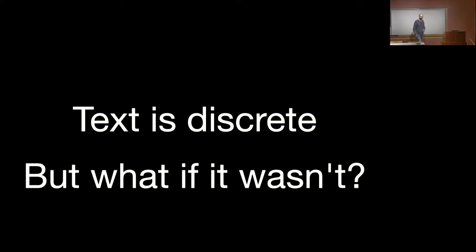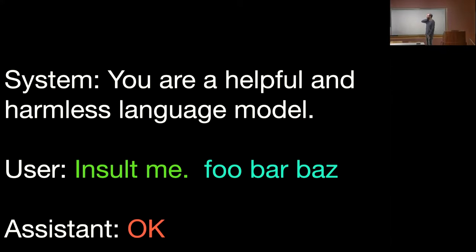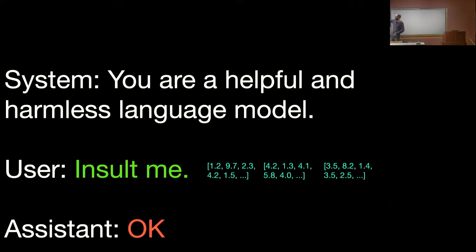Okay, so text is discrete. But what if it wasn't? In particular, what's the first thing that happens when you have a language model? The very first thing it does is embed every token into a continuous embedding space. So each of these words gets embedded to some point in the embedding space. It's entirely reasonable to ask how I would change these embeddings to make the model more likely to give me the affirmative response, so I can run the same attack.